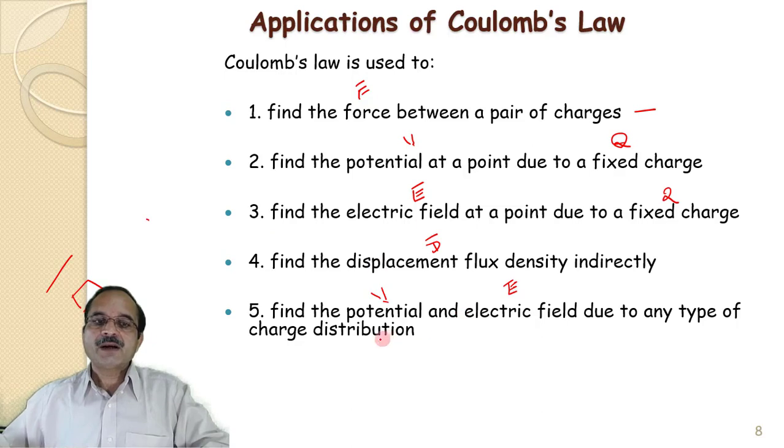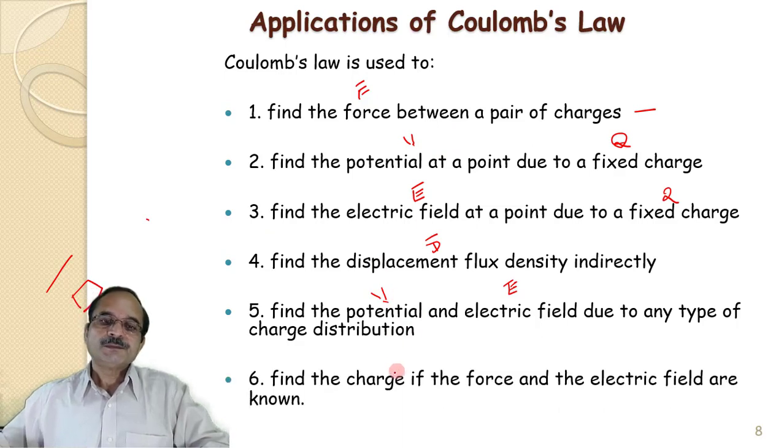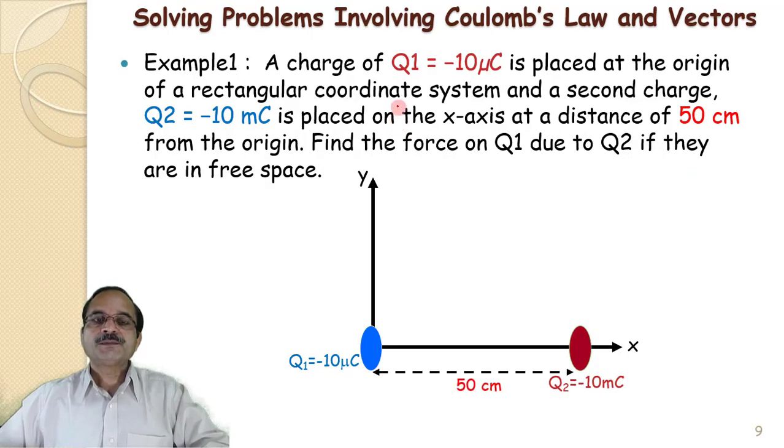That can be determined using Coulomb's law. This type of problems we are going to solve later. We can also find out charge if the force and the electric field are known. So if the force and electric field intensity are known, we can find out the charge Q. So these are all different types of applications of Coulomb's law.